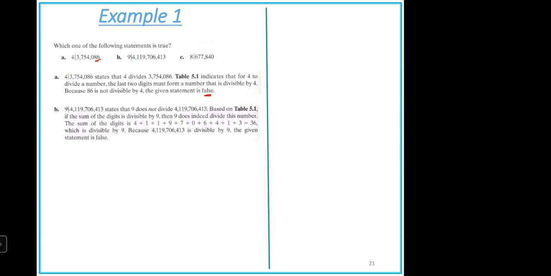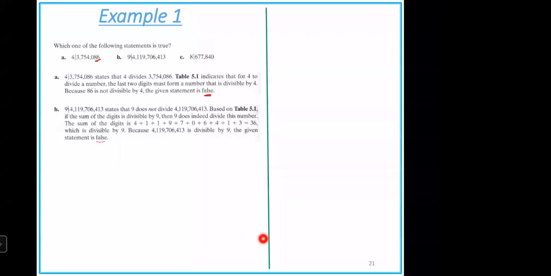So you have to add the 4, the 1, the 1, the 9, the 7, the 0, the 6. It'll be quicker to just use your calculator and try dividing by 9 and see what happens. Okay. But when you add them up, you get 36. And 36 is divisible by 9. So it's not true to say that 9 doesn't divide that number, because 9 does divide it.